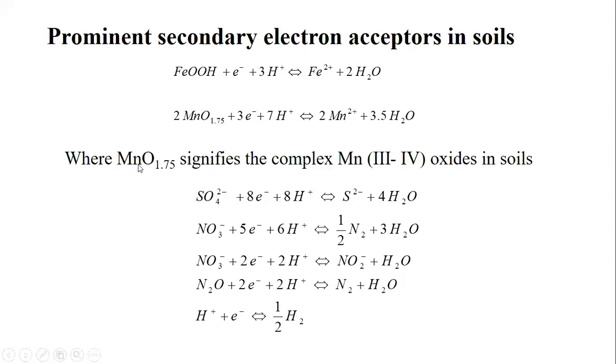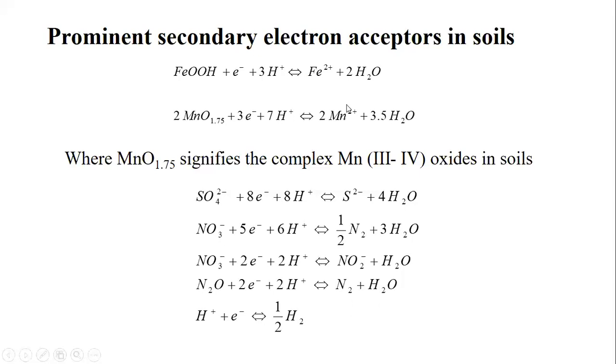So MnO1.75 signifies the complex Mn3+ and 4+ oxide in soil. So you have manganese in trivalent and also 4+ charges. It can be tri- or quadrivalent, okay? It can carry 3+ or 4+.